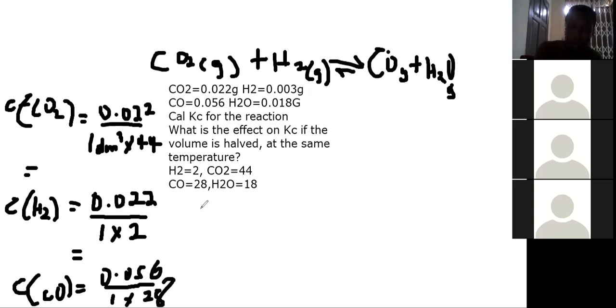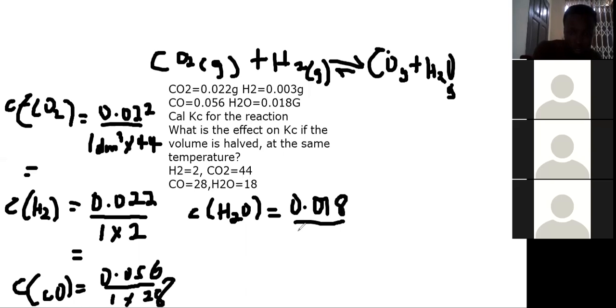Then you get that of the water, which will be 0.0018 all over one times 18.